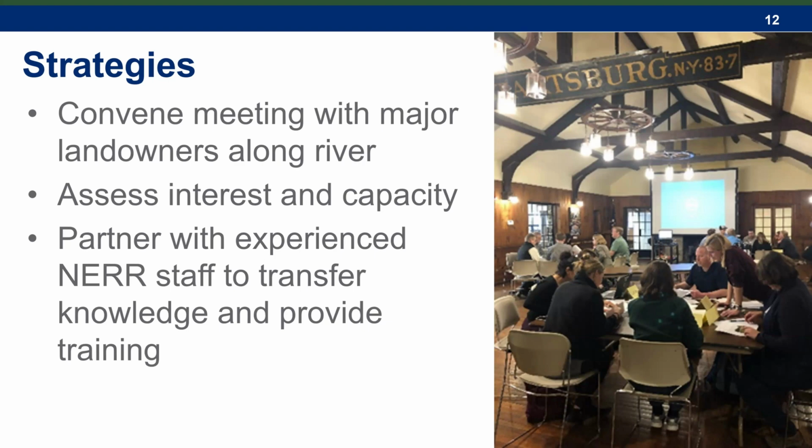So we brought those folks together to assess their interests and capacity in hosting MOTUS stations, recognizing that it's a long-term commitment to maintain the equipment and eventually download data. So we wanted to see who was on board and who was not on board with that process.